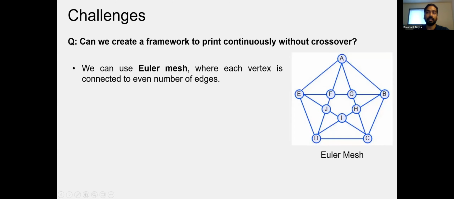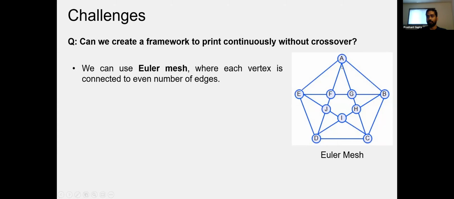We can use an Euler mesh where each vertex is connected to an even number of vertices or edges, which guarantees the existence of an Euler tour. That means we can start at a vertex and end at the same vertex, covering each and every edge exactly once without jumping.